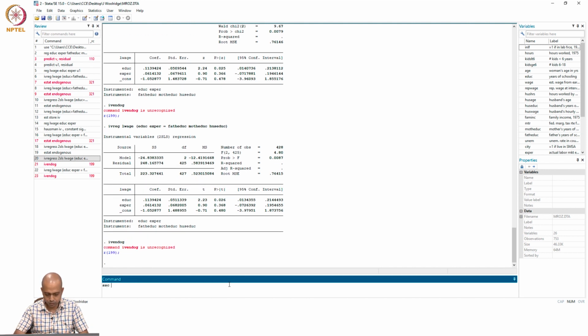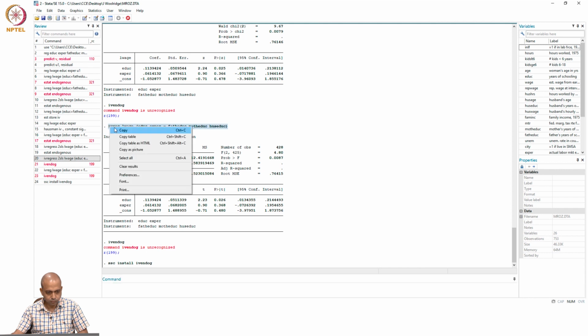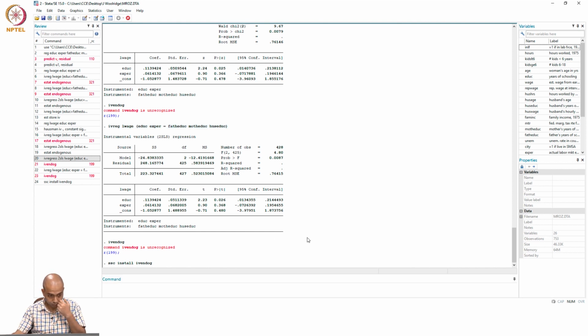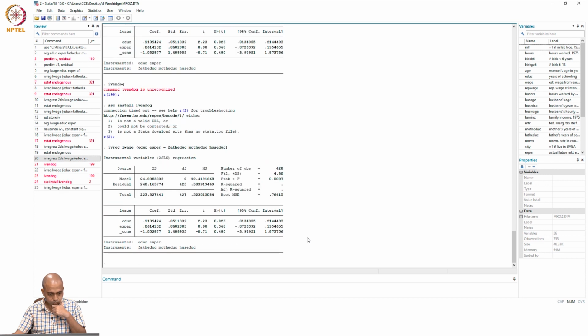Okay, we have to install this command. Since this is not connected, I think we cannot install it also.